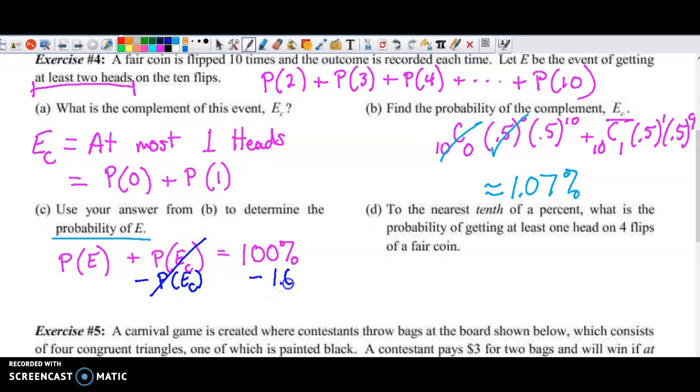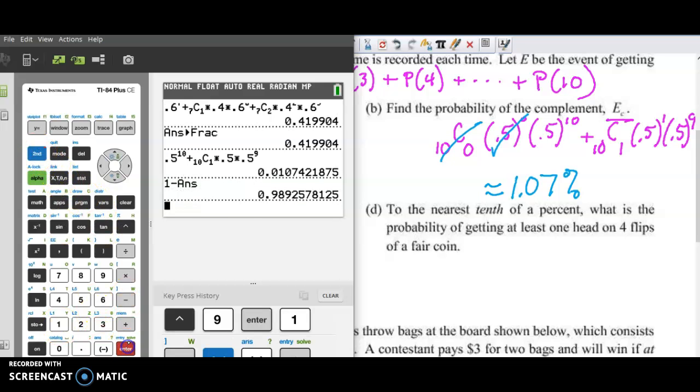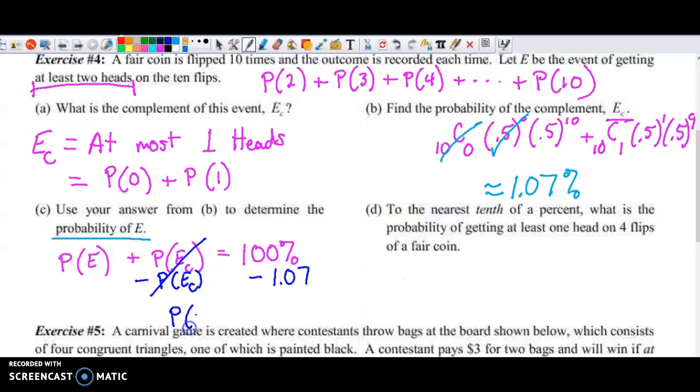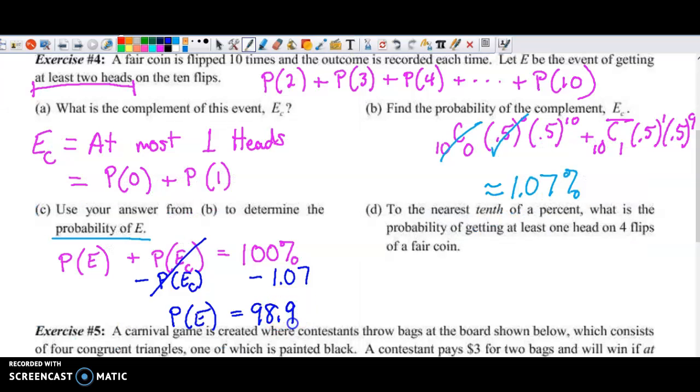So we're going to subtract over 1.07%, and you could just do 1 minus that answer, and you get a 98.9% chance. So the probability of said event is a 98.9. I'll just go ahead and round it to that.